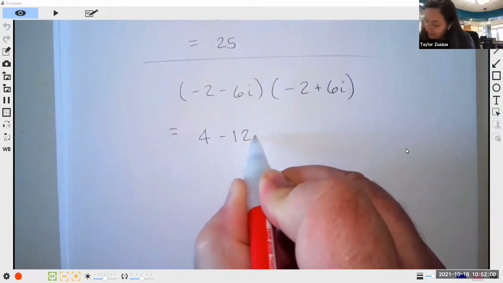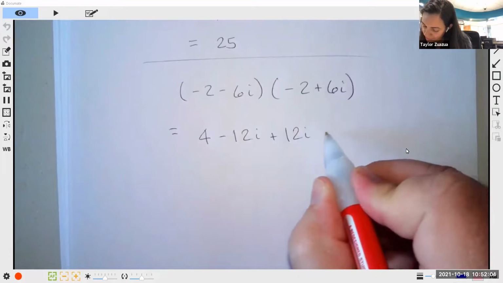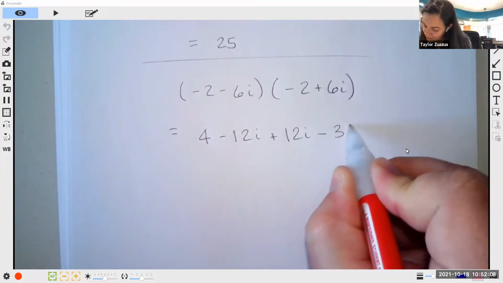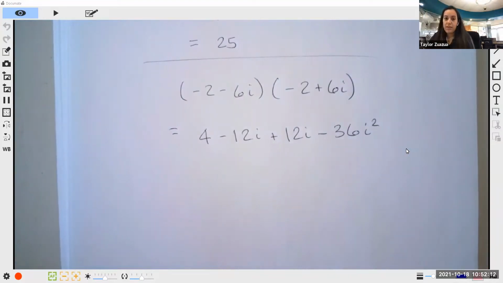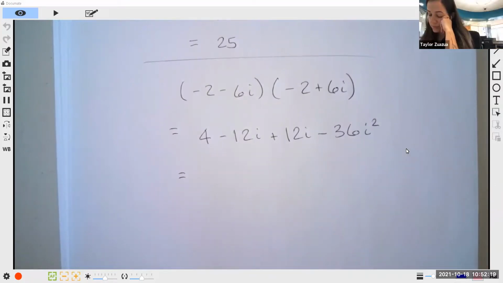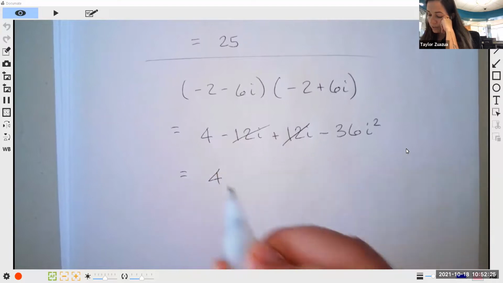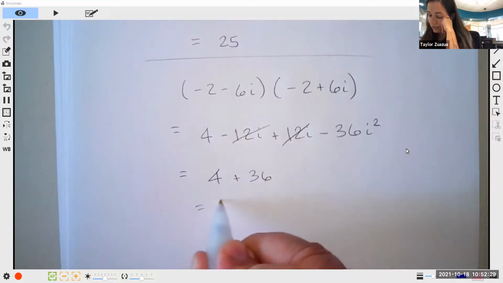Then negative 6i times 6i is negative 36i squared. Very good. That's what you just told me to do. Now what? Combine like terms. Negative and positive 12i cancel each other out. So you have 4 plus 36 equals 40.